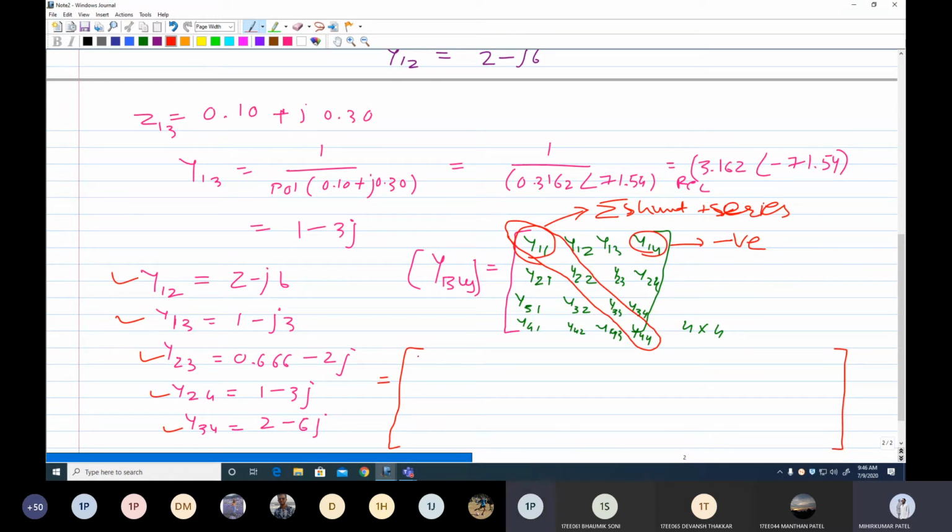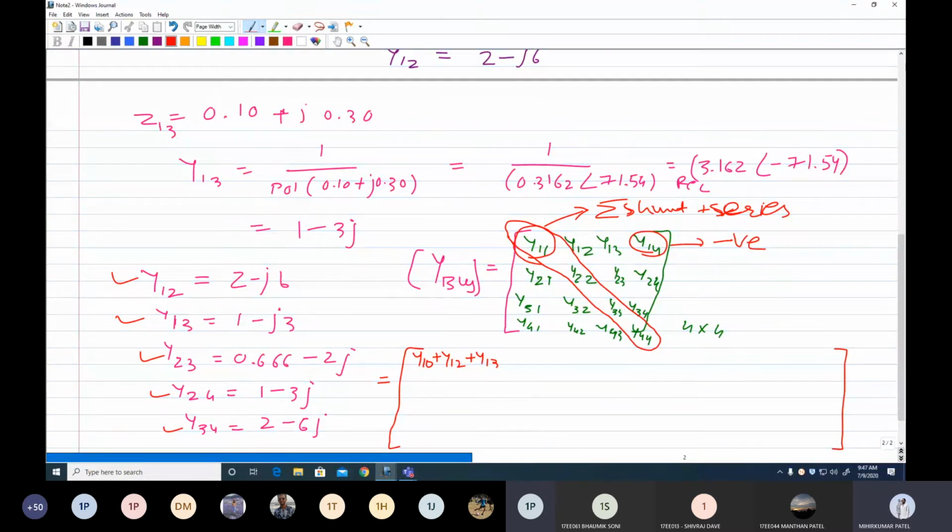Help me write the diagonal element y11. Yes, y10 plus y12 plus y13. Very good.